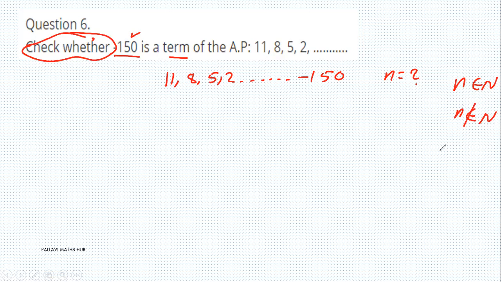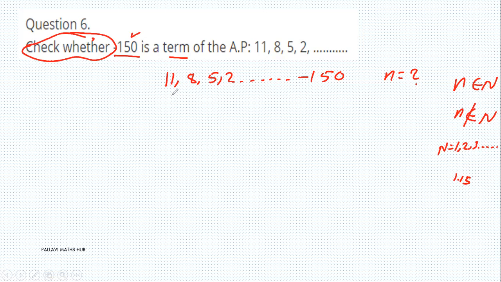Natural numbers means 1, 2, 3, continuing up to infinity. If you get a positive number starting from 1, it is called a natural number. If you get decimals like 1.1, then it is not a term. I hope you understood this clearly.